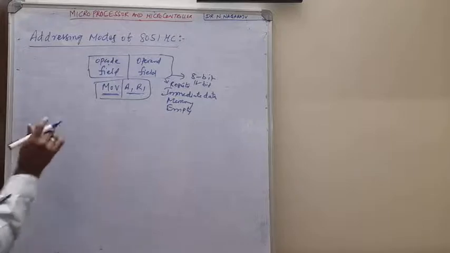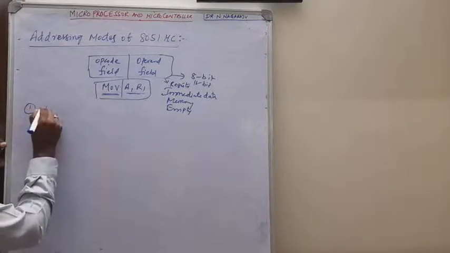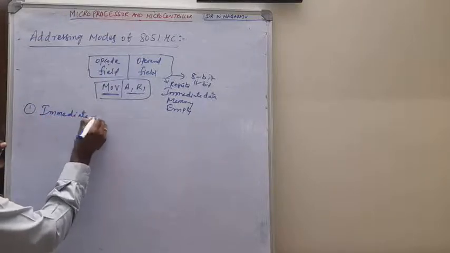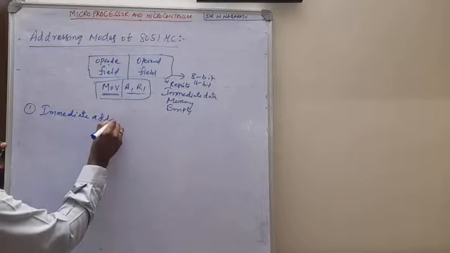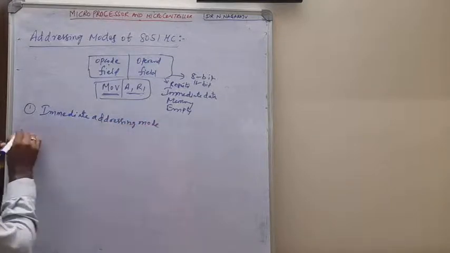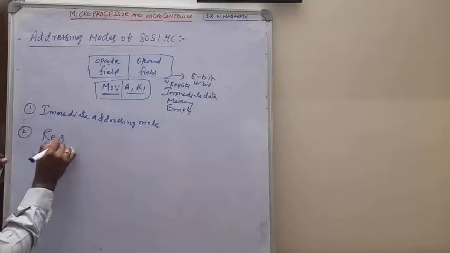Here are the types of addressing modes. The first one is immediate addressing mode. The second one is register addressing mode.